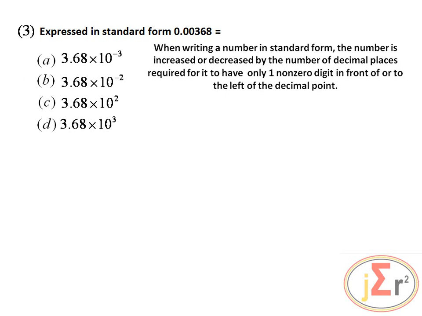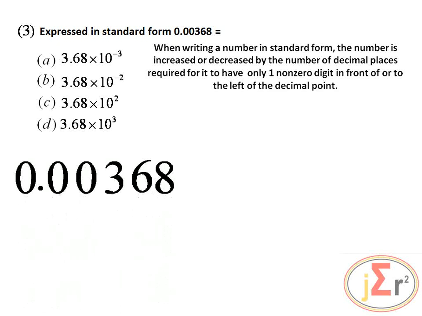Such an adjustment may be to increase or decrease the original figure by a particular power of 10. Let's take a look at it. Of course, we have again a magnified version of the number that we are focusing on.